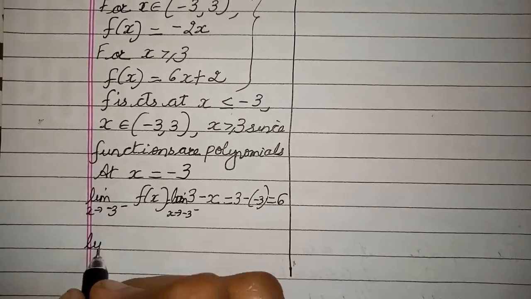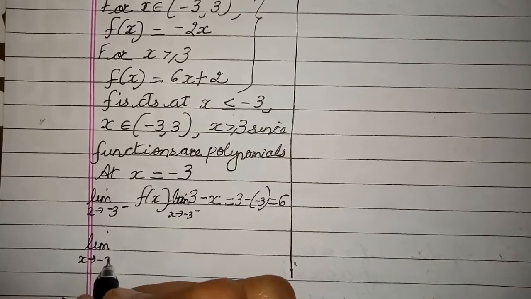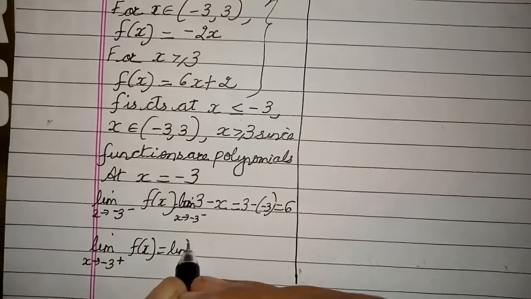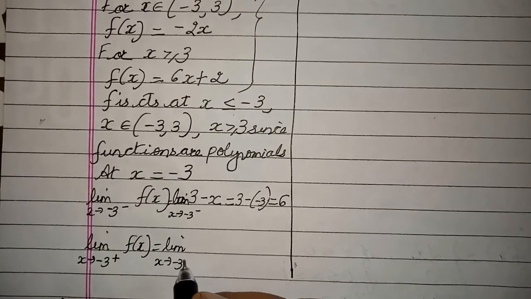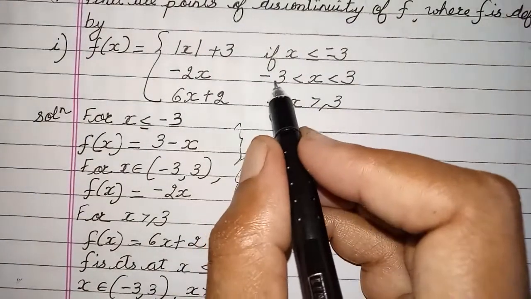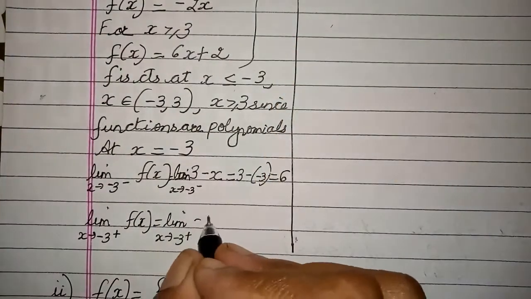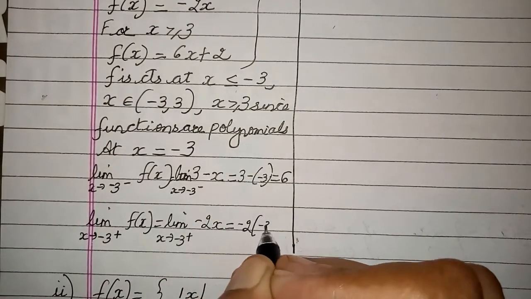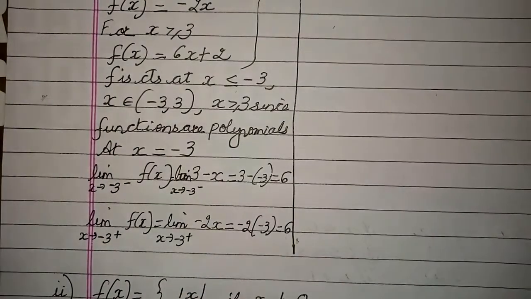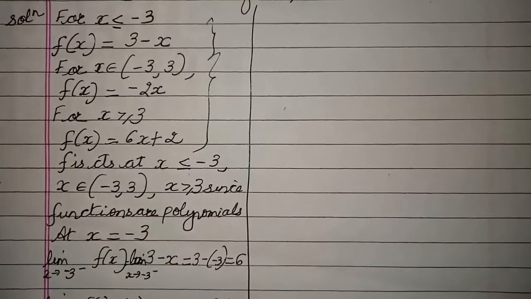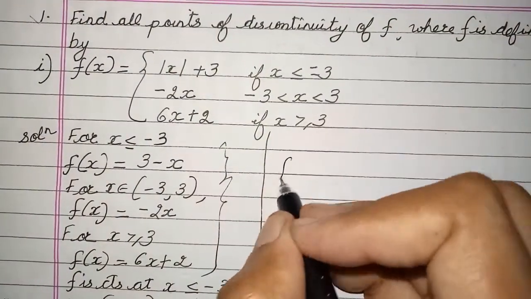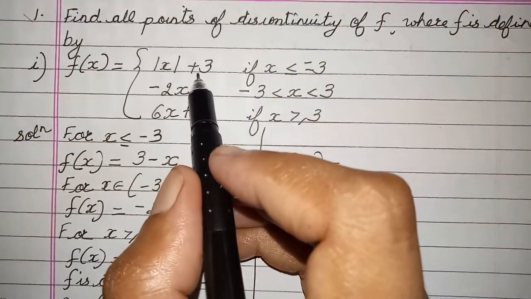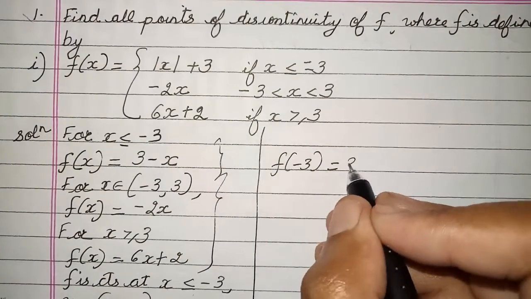Okay. Now let us check what is limit as x tends to -3 plus of f of x. That means from your right side. What is that? -3 plus, this side. So it is -2x. So it is going to be -2 times -3, which is equal to 6. Same answer. Now we have to check what is the value of the function at -3. At -3, it is again 3 minus x.